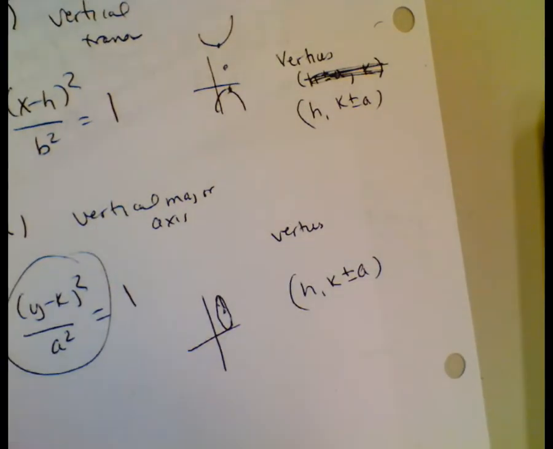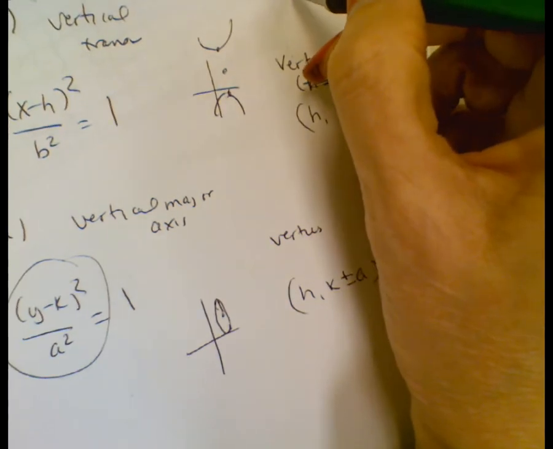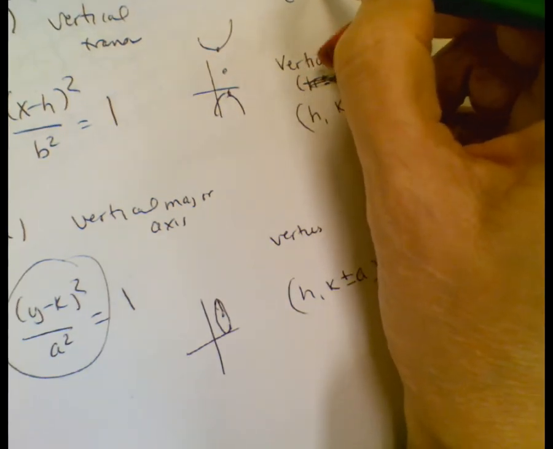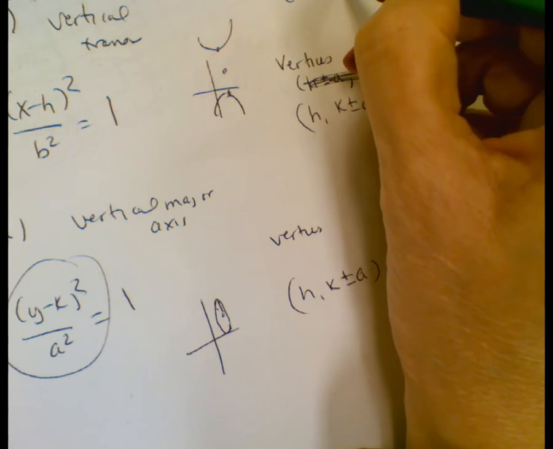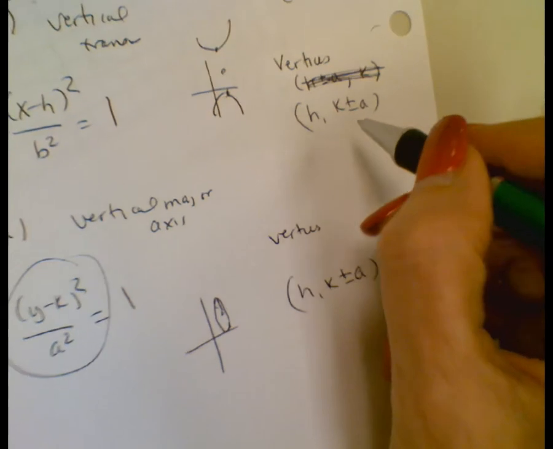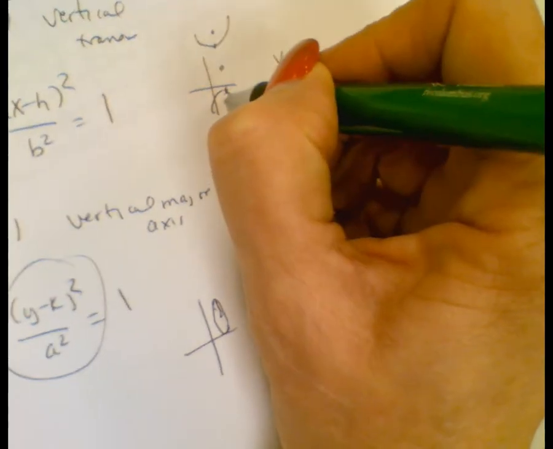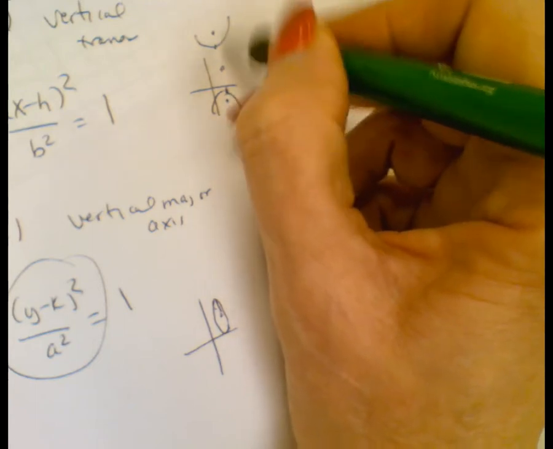And then the foci of this one, since c equals the square root of a squared plus b squared, your foci then would be past the a's, so they're bigger than the a's, so they're still in the same one.